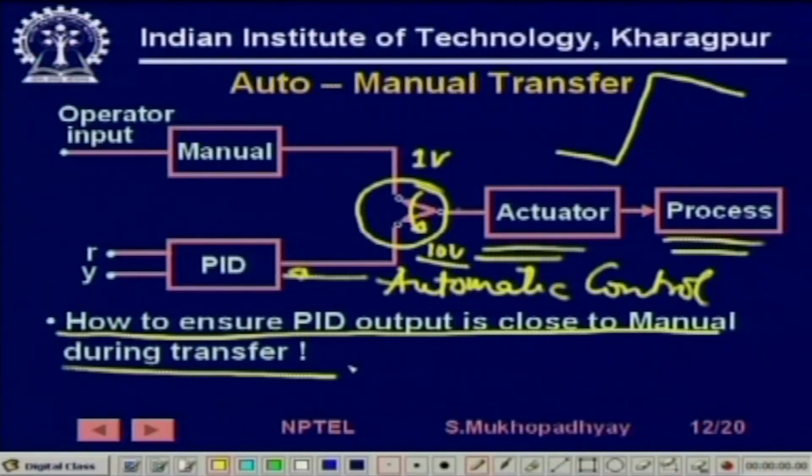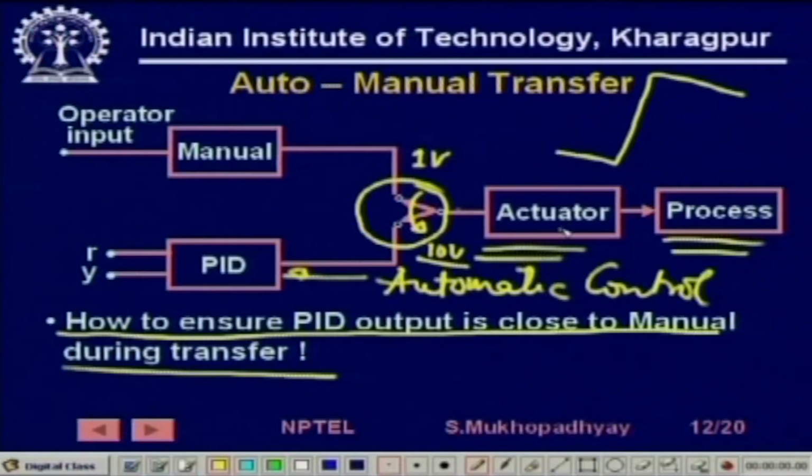In fact, it often is not, because the PID control, remember, its output is not going to the actuator, but it is all the time getting both the set point and the measurement. So, it is all the time computing the error, computing its integral, everything. So, it is quite likely that the PID output has got saturated during the time that you are manipulating the process with manual control.